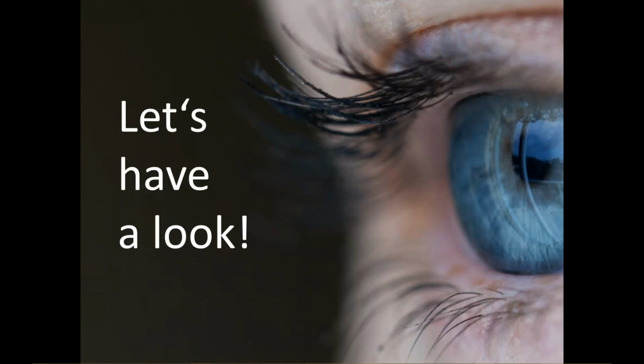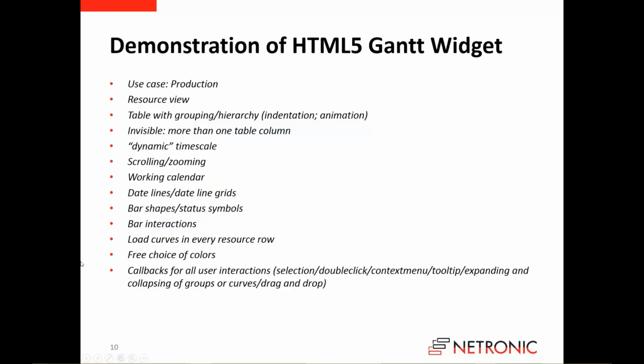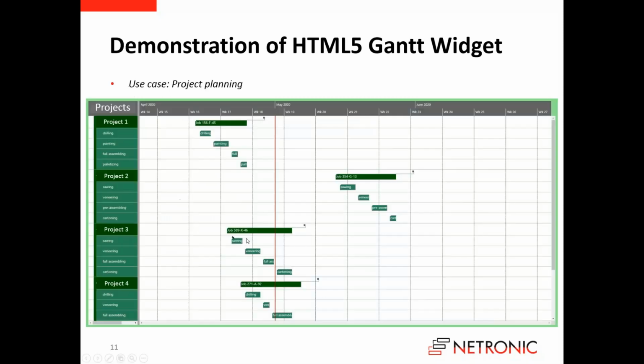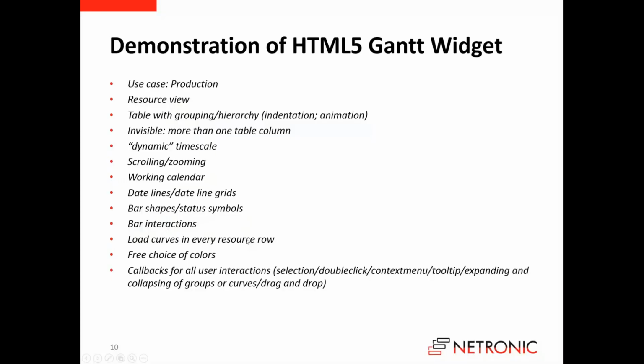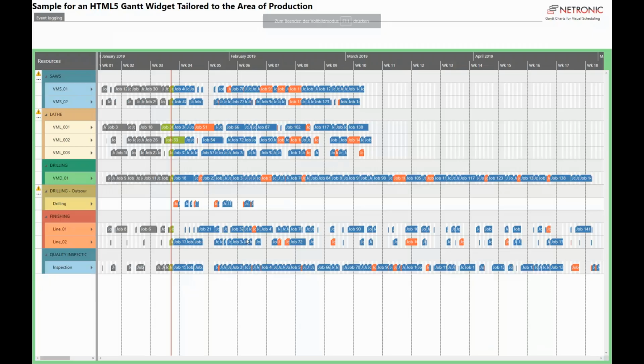So now we can have a demonstration of it. I will switch. No, that's false. Here it is. We have loaded a sample application which covers the use case production planning. And we see here above we have a time scale.